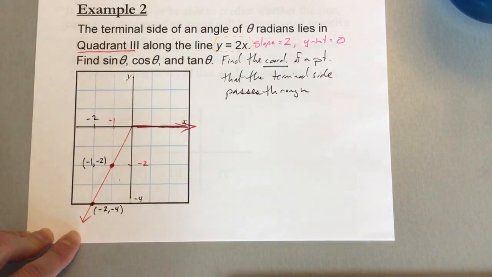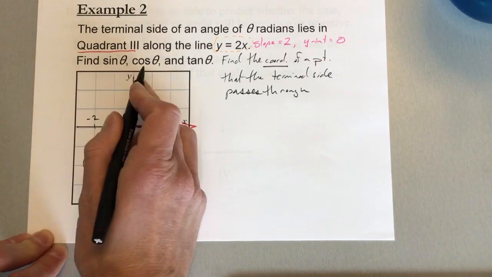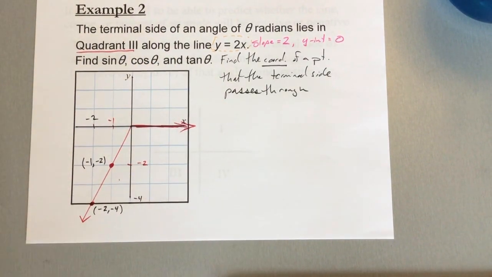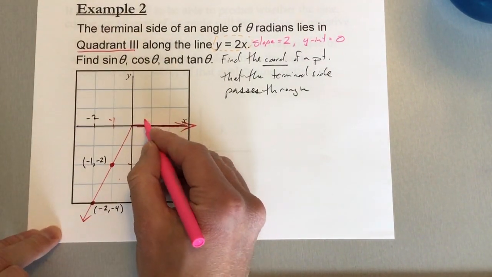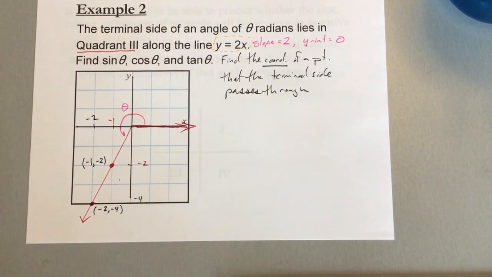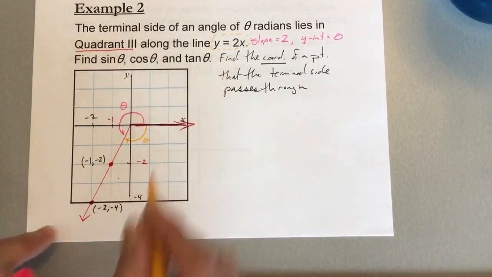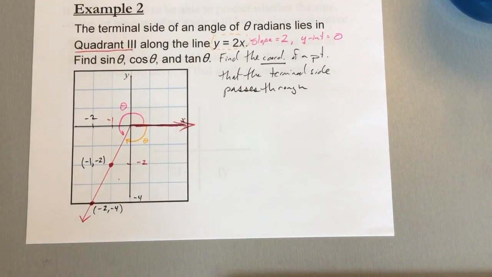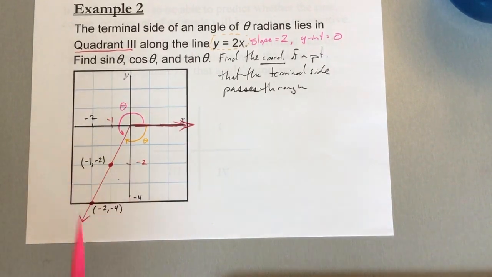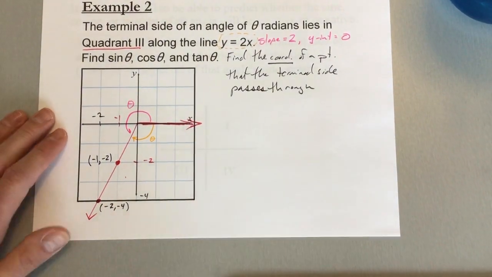And I could use either one of these two coordinates to now find the sine, cosine, and tangent of this angle theta. Theta rotates in the positive direction, looks like that. Or even if theta rotates in the negative direction and looks like that, isn't important now because I know the coordinates of a point that this angle passes through.